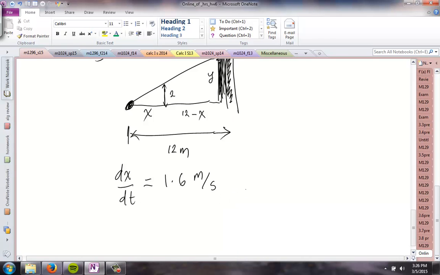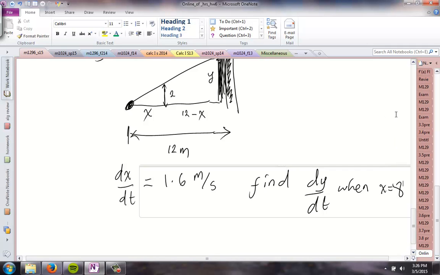And we're asked to find dy/dt when x is equal to 8.